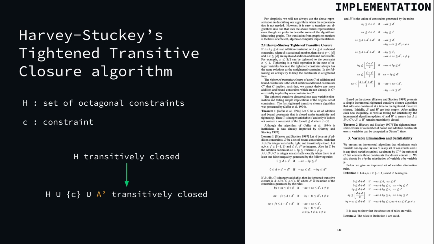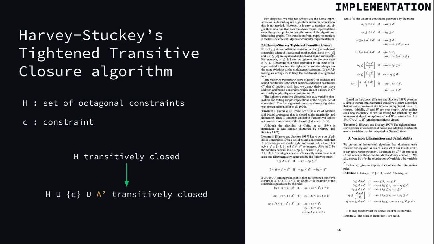The algorithm we've chosen to compute the transitive closure is based on Harvey-Stuckey's tightened transitive closure algorithm, which gives us a way to construct the set of constraints A prime, which when added to an already transitively closed set H, allows us to keep it transitively closed if we add another constraint C. That is, if we have a transitively closed set of constraints H, and we want to add a constraint C, then Harvey-Stuckey's tightened transitive closure algorithm tells us which other constraints A prime we need to add to still have the whole union be transitively closed.